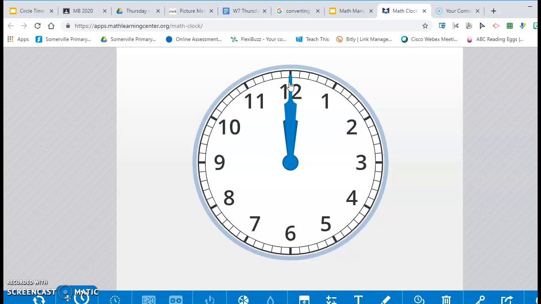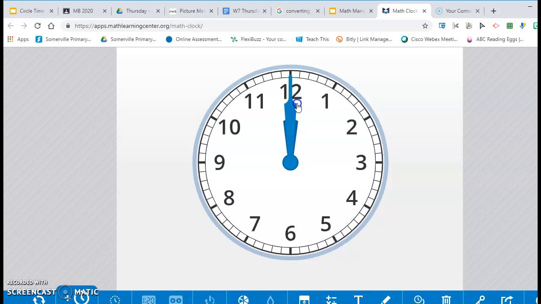We are now going to look at o'clock, and our o'clock represents 1 full hour has passed. So our big hand will be on the 12 to represent o'clock, and our hour hand will point directly at the hour it is. So for example, 3 o'clock, 4 o'clock, 5 o'clock, 6 o'clock, 7 o'clock, 8 o'clock, all the way back up.